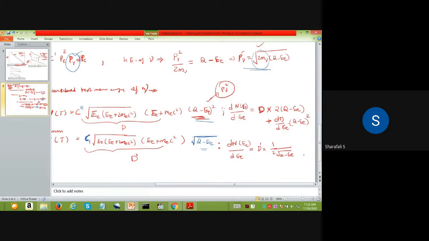I think that is right, because when you take 1 by 2 here, it will come as 1 by 2 times n raised to n minus 1, so it will become minus 1 by 2. And this is added with the next term, d dash by dE, which is multiplied with the same function, that is root of (q minus E).